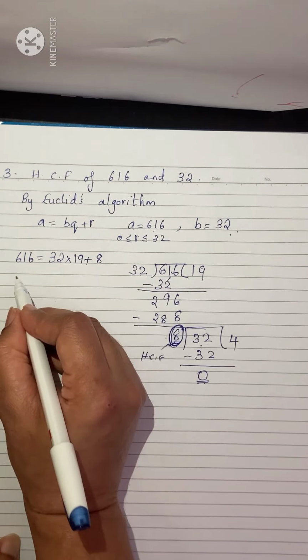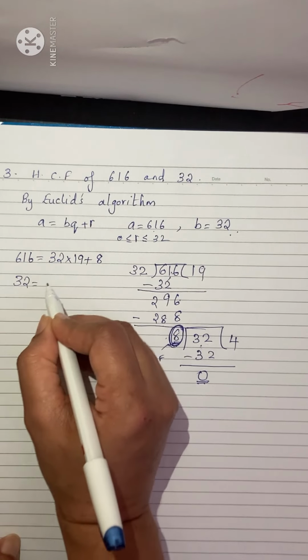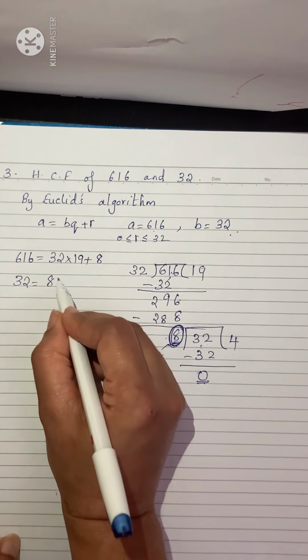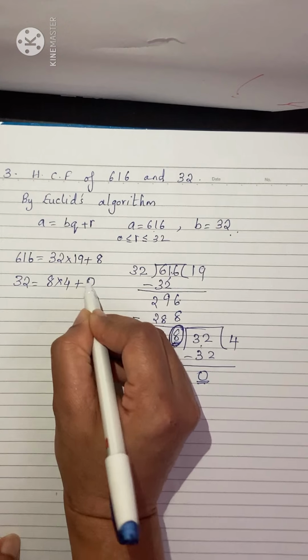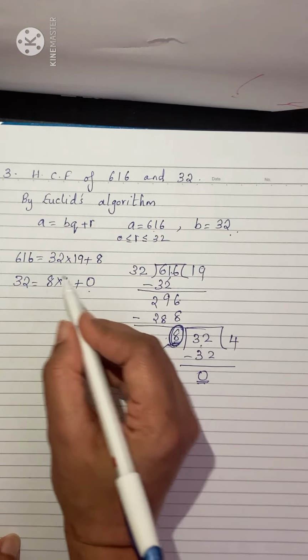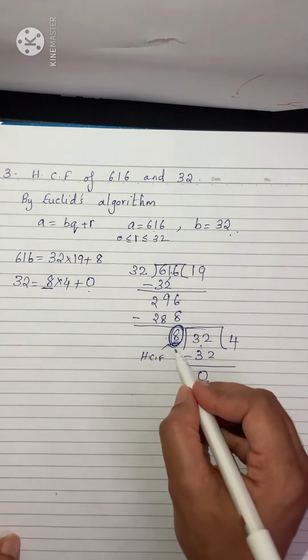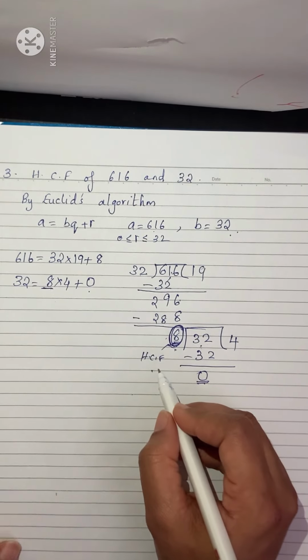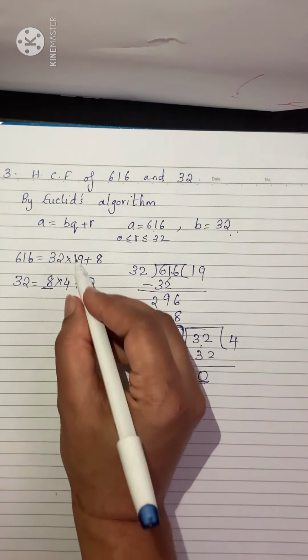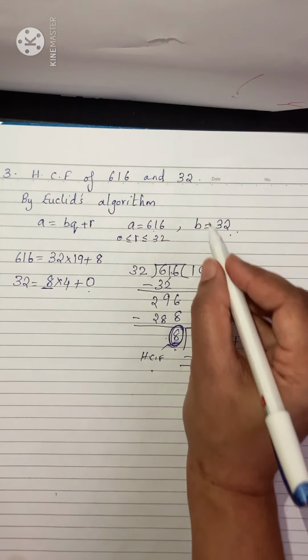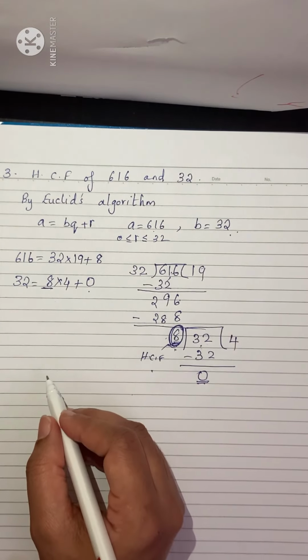Therefore we can write: dividend equals divisor multiplied by quotient plus 0. When we get the remainder 0, this divisor is called the HCF. So 8 is the HCF. So we can conclude the HCF of 616 and 32 is 8.